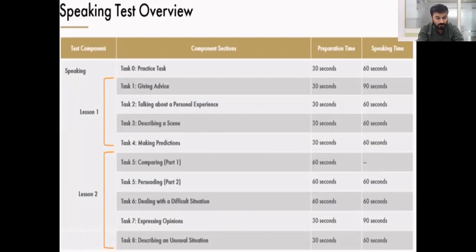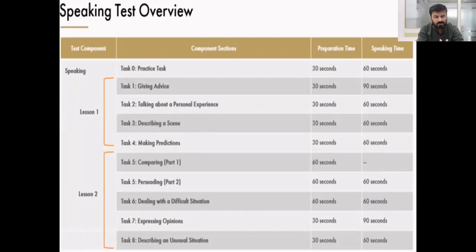Now, moving ahead with the third question type, that is the third task. It is called describing a scene. In this question type, you will come across a picture or maybe multiple pictures. For this question type as well, there is a preparation time of 30 seconds.